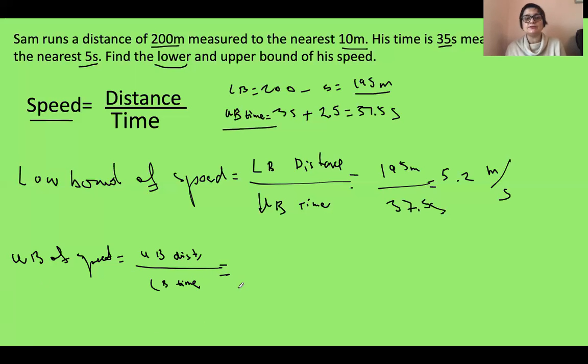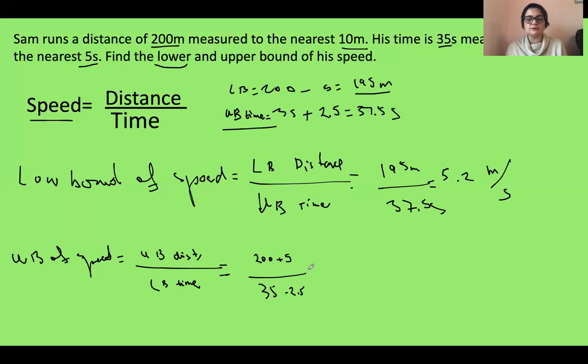So upper bound of distance is going to be 200 plus 5. I'm going to do the substitution here straight away. And the lower bound of time is going to be 35 minus 2.5 in this case, okay?